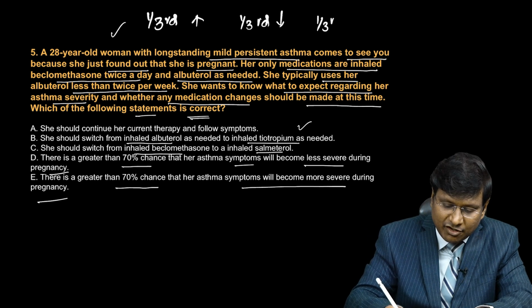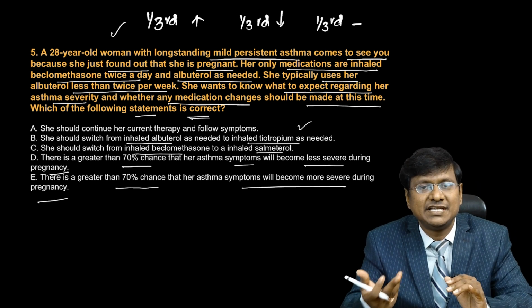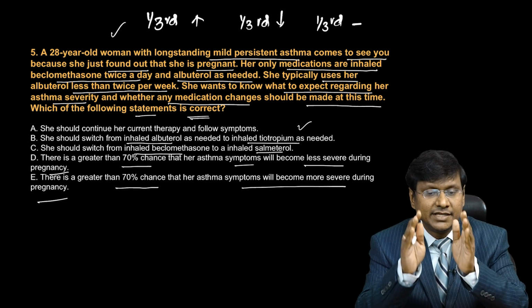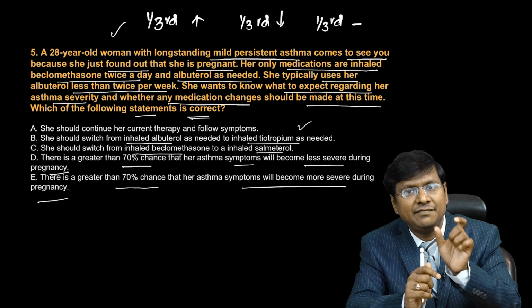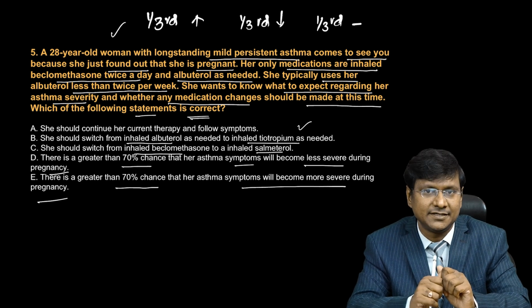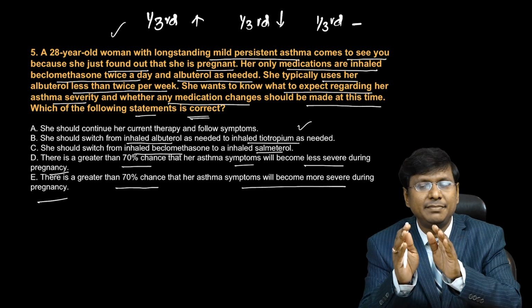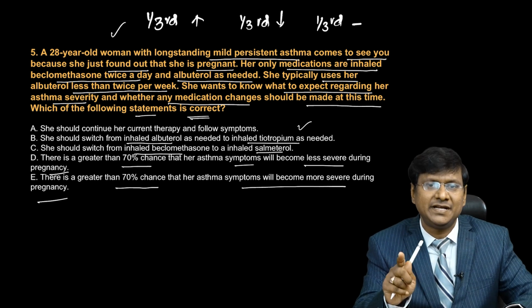And in 1/3 of patients, there is no change in the severity of the symptoms at all. So it is important to maintain good control of asthma, because poor control may have adverse effects on the fetal development. Compliance may be a problem, because there is often a concern about the effect of asthma medications on the fetal development.